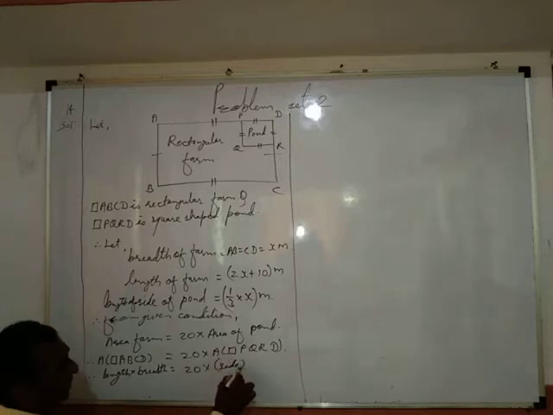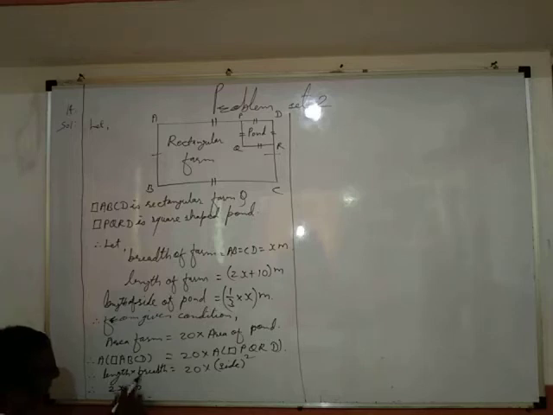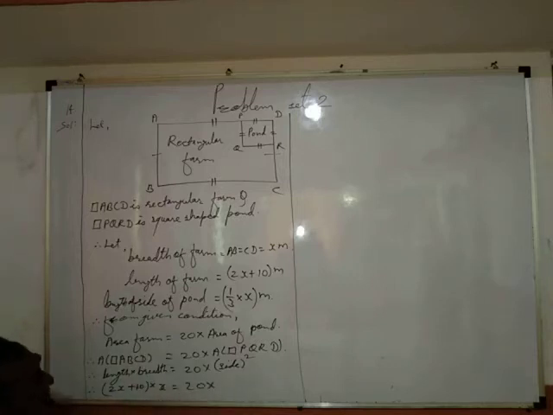That's why it will be side square, and therefore length we considered as 2x plus 10 into breadth, which is x, equals 20 into side of square.